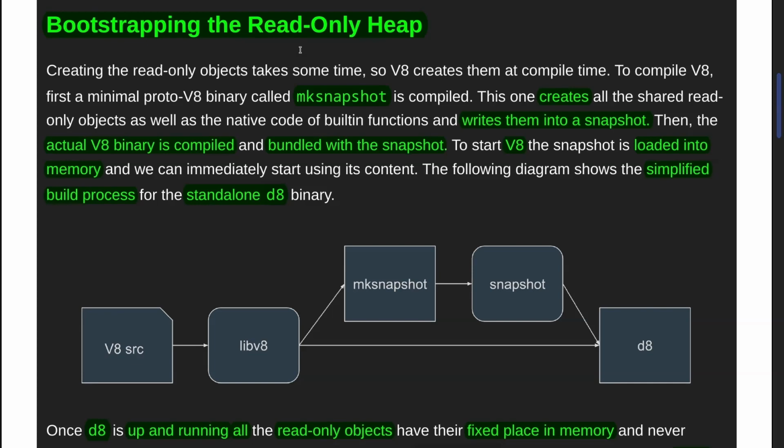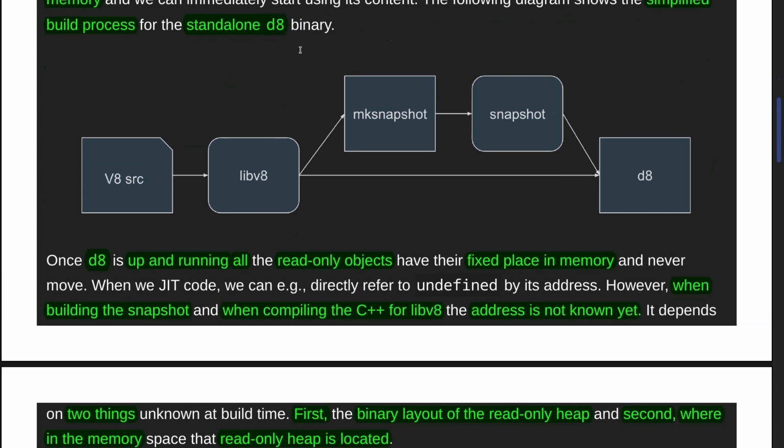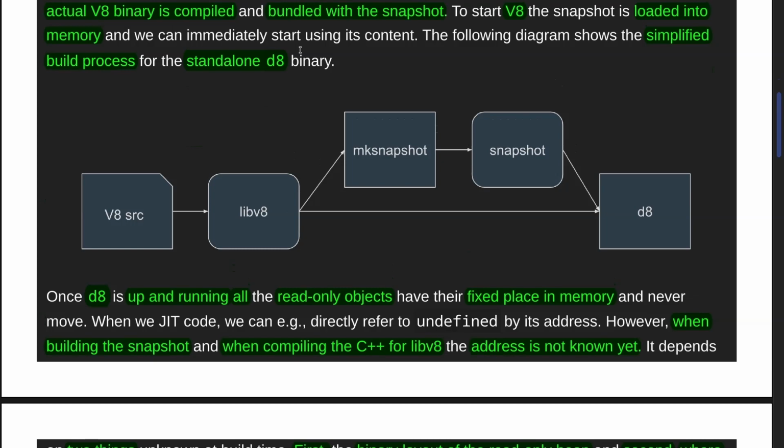The following diagram shows the simplified build process for the standalone V8 binary. I should explain that D8 is a minimal debug V8 shell, an instance for debugging and developing with the V8 engine.